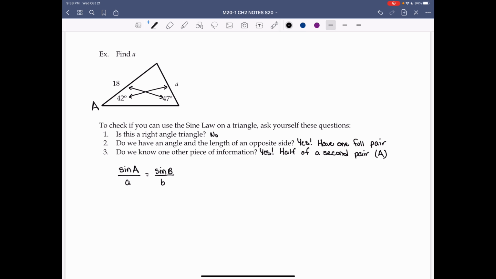So sine 42 degrees over a equals sine B, that would be our other angle, sine 47 degrees over side b, which is 18. And then to solve, we cross multiply and divide. Multiply your diagonal numbers, divide by whatever your third number is.